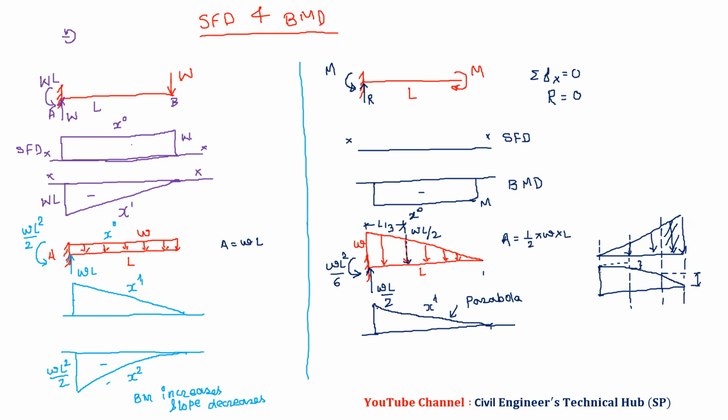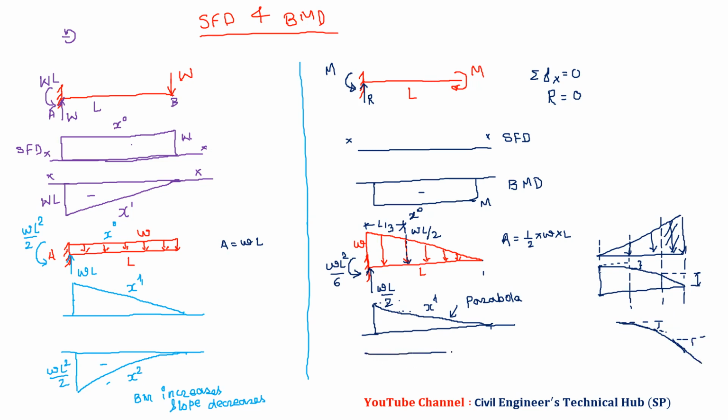You can take a line, and the larger portion will decrease, and in the end portion the lesser portion will decrease. Therefore, whenever load decreases, slope decreases; load increases, slope increases. You can see this slope is increasing. You draw a horizontal line and draw the tangent theta, and you can see your theta value goes on increasing.